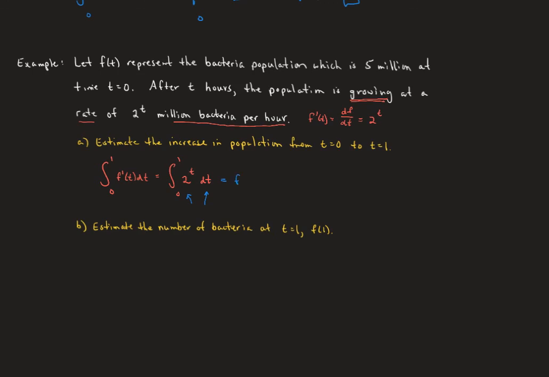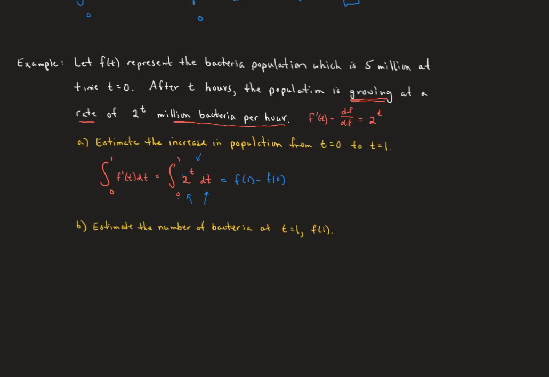So the antiderivative of f prime is f at time 1 minus the population at time 0. We can do this on our calculator, because if you think really hard, you might be able to come up with the antiderivative of that. We'll talk about that more in the days that come. But I would encourage you right here just to use your fn integrate and do the integral from 0 to 1 of 2 to the t dt.